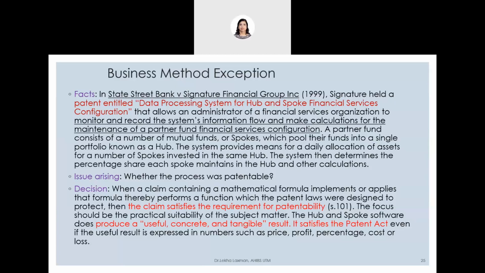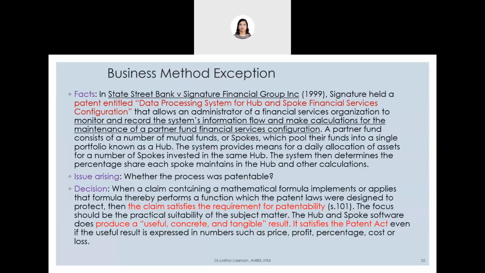Now, the issue that arose in this case was whether this system was patentable or not. All right. So the court decided yes, it was definitely patentable because it produced a useful, concrete, tangible result. And that's what the Patents Act function is, to see that there's some invention that is useful, concrete, tangible, right? And therefore definitely, it was patentable, right?